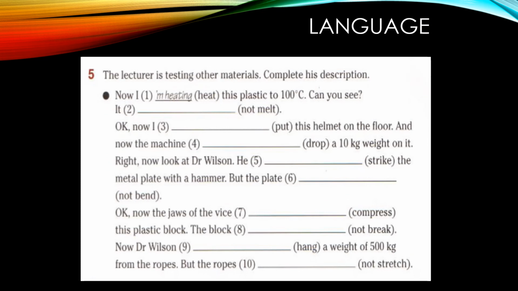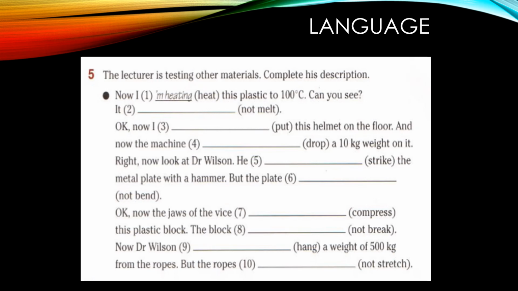The lecturer is testing other materials. Complete his description. And when we talk about description, we need to use the present continuous. Let's see the example. Now I am heating this plastic to 100 degrees Celsius. Can you see? Let's do also number 2.